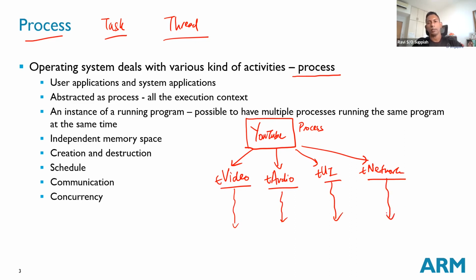Now, the good part of moving towards this multi-threaded environment is that when we write all these tasks, the mindset will change. Until now, even in the first half of this module, we have been thinking in a very sequential manner.